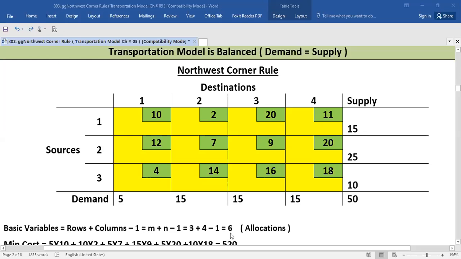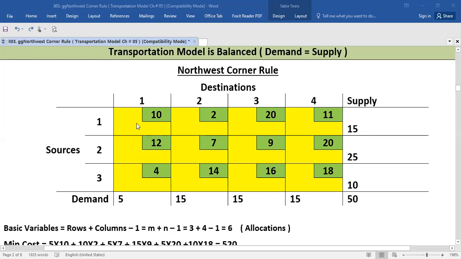Now we start the method. Here we have 3 sources and 4 destinations along with their supplies and demands. Now we will start our first allocation.